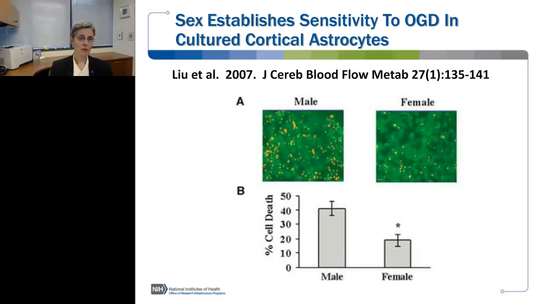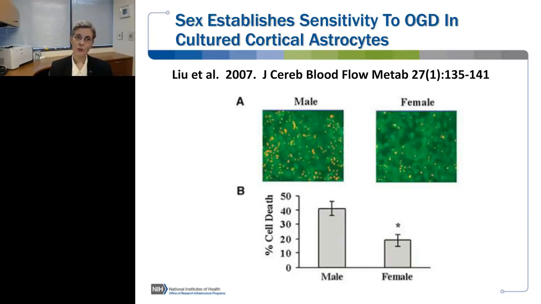So she then exposed her male astrocyte cultures and her female astrocyte cultures to oxygen glucose deprivation, which is a way we can mimic stroke in the dish, and looked at cell death outcomes. And what she found was that female astrocytes had significantly less cell death than the male astrocytes. So we've been able to actually show similar findings in other cell types where we've set up the cell cultures based on sex.